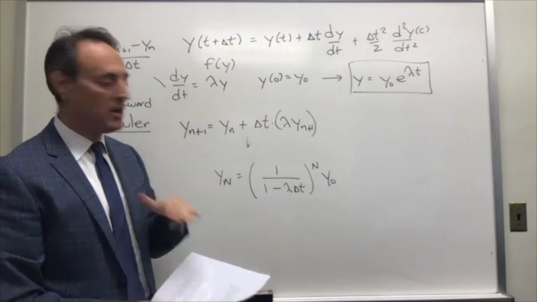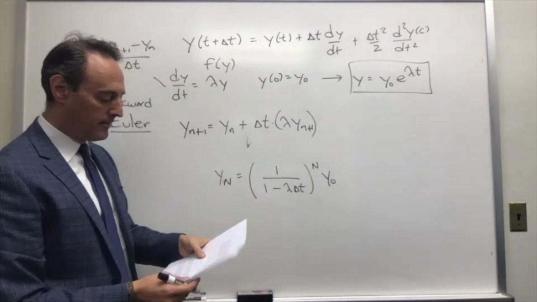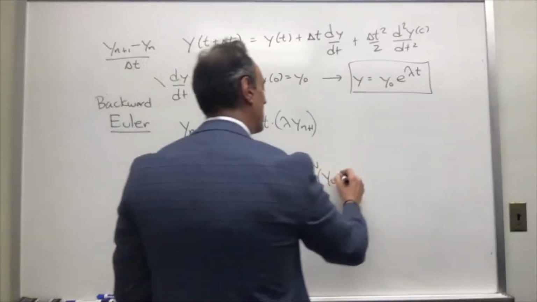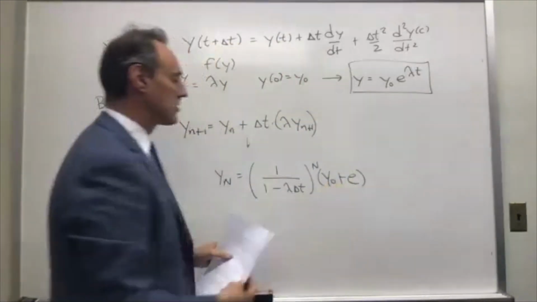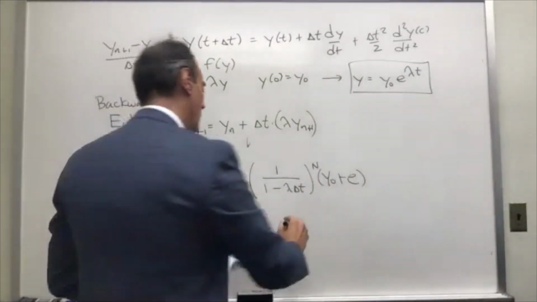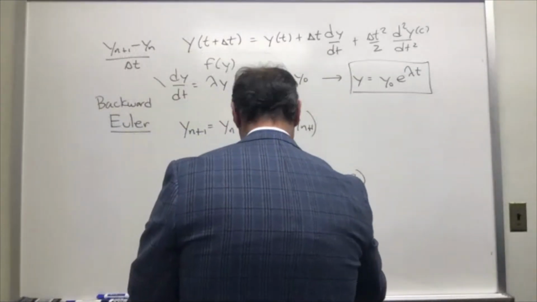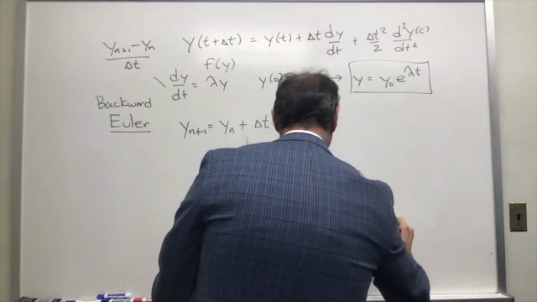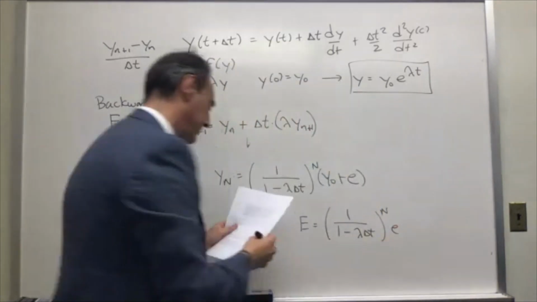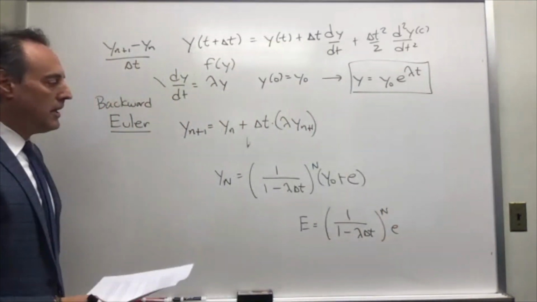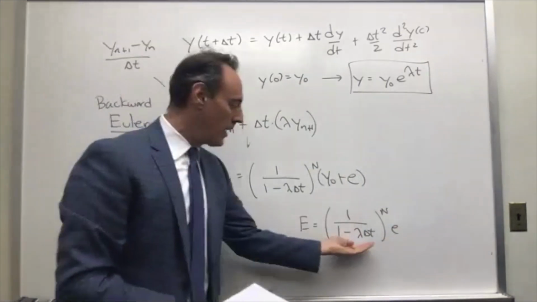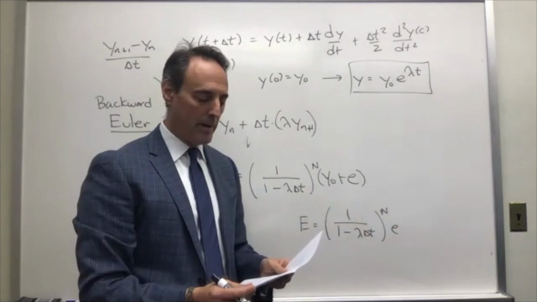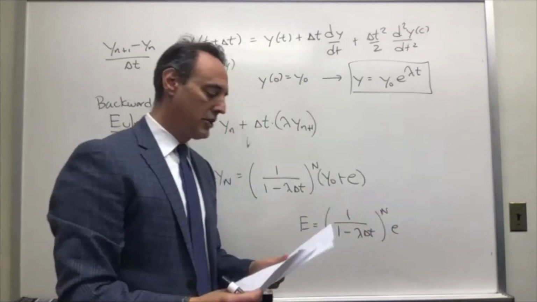When I write down backward Euler, if this is not y0 but a numerical approximation to some y0, my error term is going to look like (1 over 1 minus lambda delta t) to the n times epsilon. And all I care about is whether this quantity is bigger than 1.